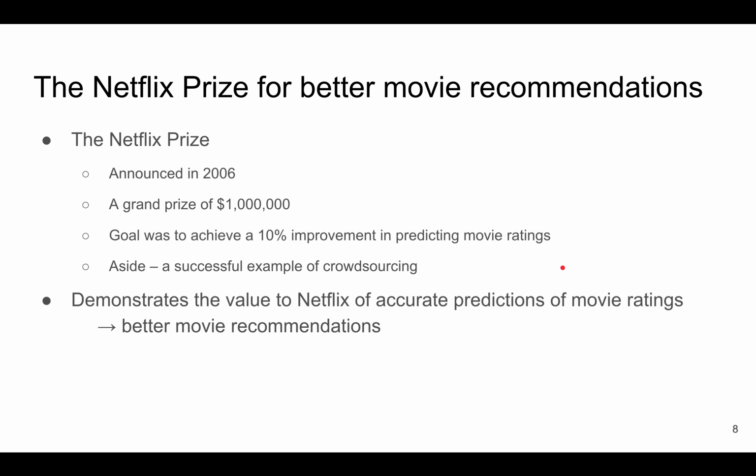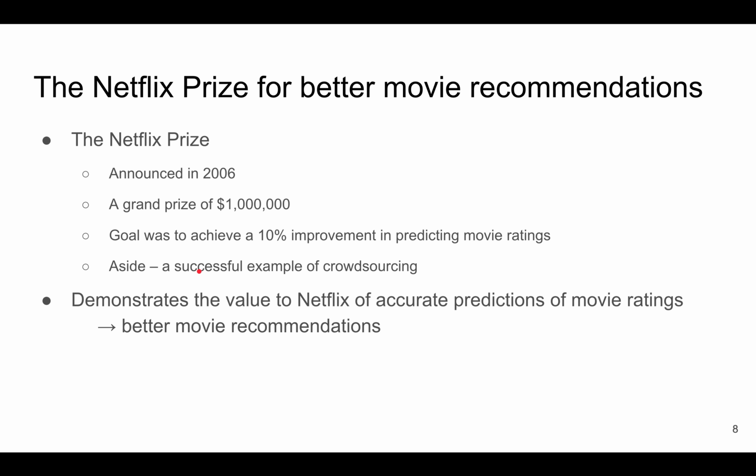In 2006, Netflix announced something called the Netflix Prize, with the goal of getting better movie ratings and recommendations. The grand prize was $1 million. And to win that prize, you had to achieve a 10% improvement in an algorithm to predict movie ratings.